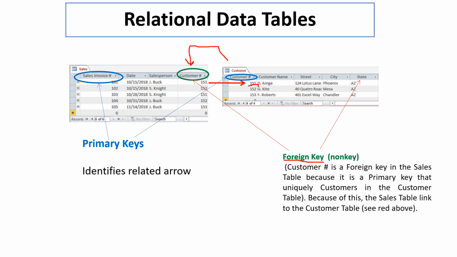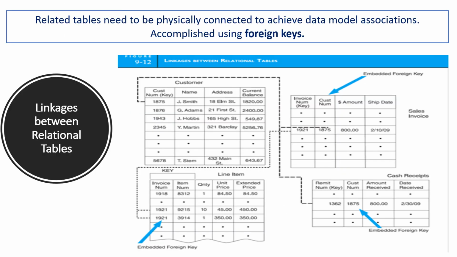We will see in the next slide more explanation on this matter. So we see here the linkage between relational tables. We see here that the related tables need to be physically connected to achieve data model association, and this cannot be accomplished unless we use the foreign key concept.